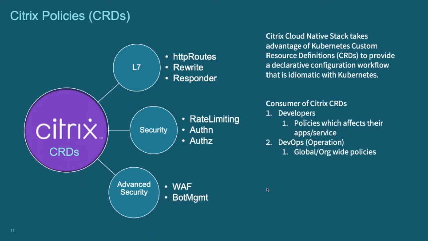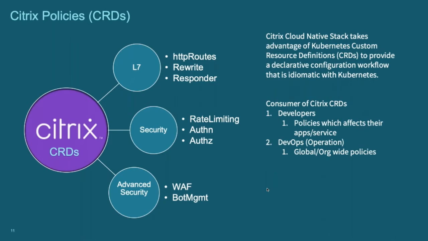To configure these policies, we go with Kubernetes custom resource definitions, which is a declarative way of configuring Kubernetes infrastructure. And we have built CRDs for various levels of API gateway configuration.